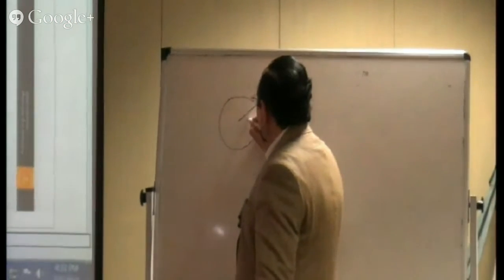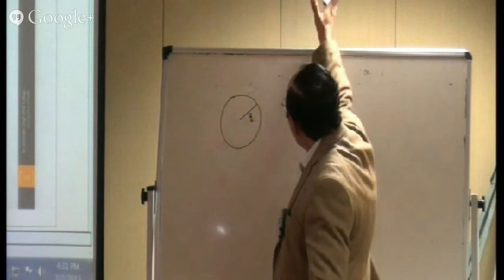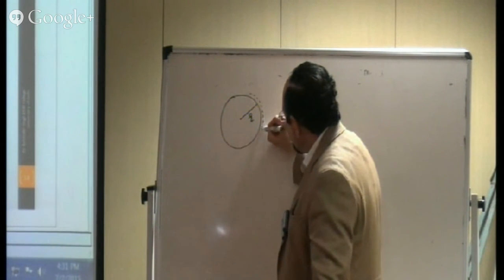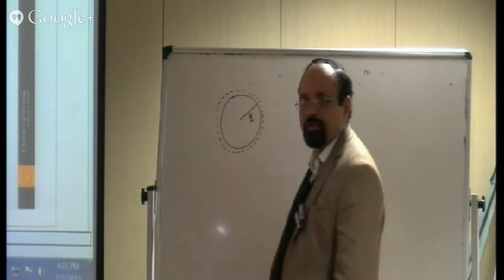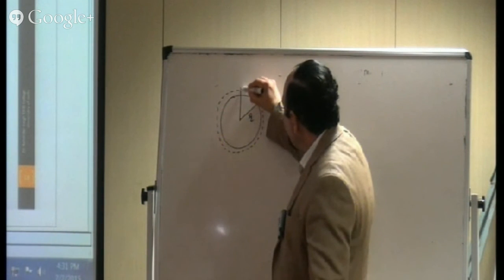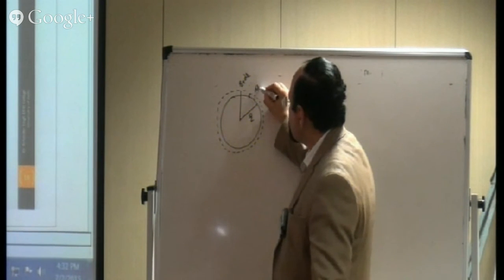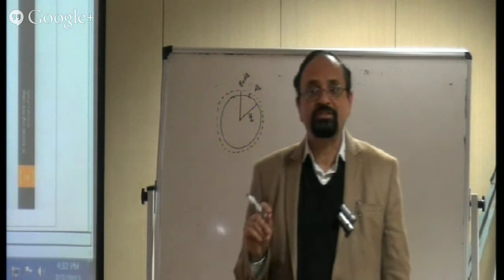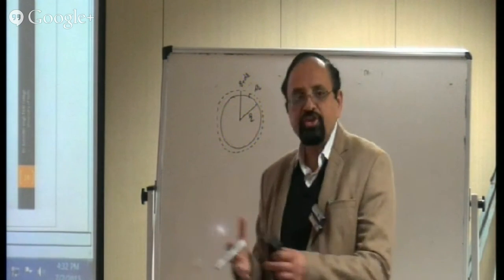I already have a sphere of radius r, and I'm collecting masses from the various sides onto the surface so that its radius will now become r plus dr. That means I'm getting an increment of the radius equal to dr. So this is the starting point of your calculus. You will be given a system where you have a variation.